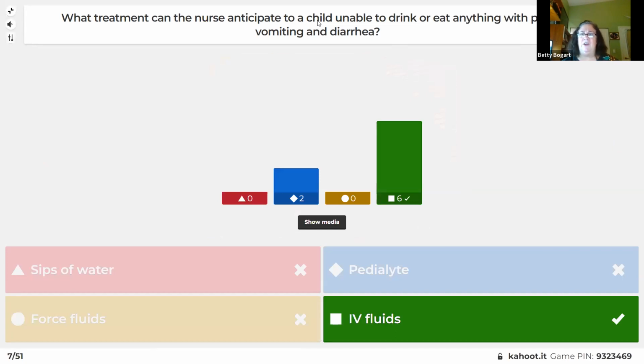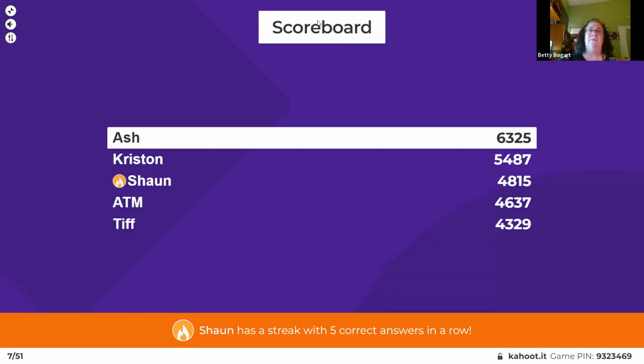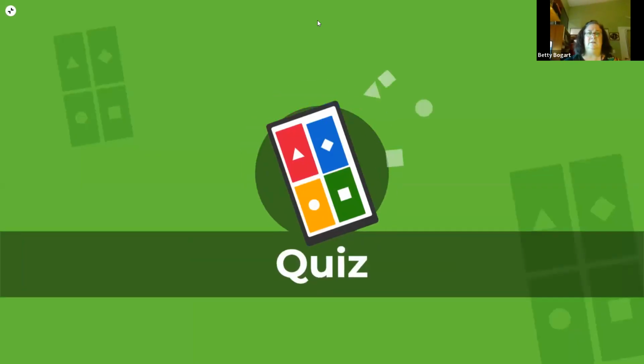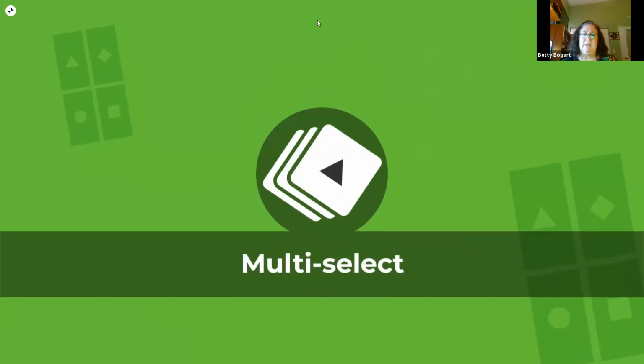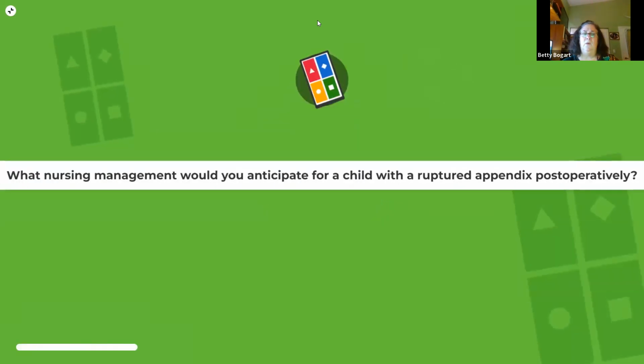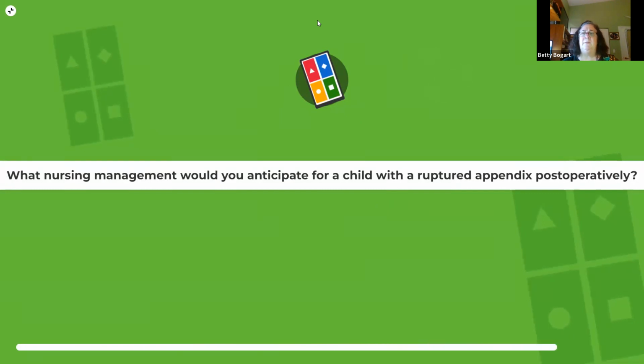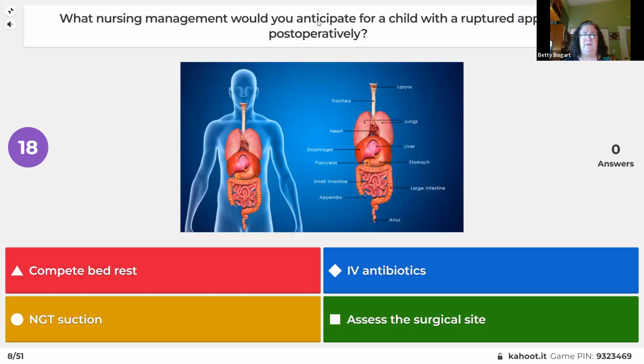Unable to drink or eat anything with profuse vomiting. That's your answer. We're going to give IV fluids. Give a bolus, 10 to 20 per kilo, and go from there. A multi-select. What nursing management would you anticipate for a child with a ruptured appendix post-operatively?